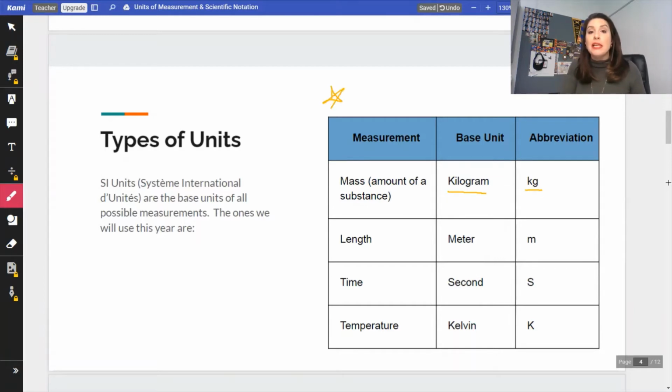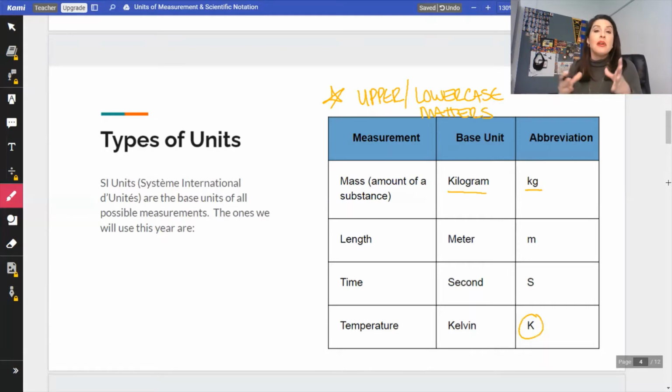Be careful, because upper and lowercase mean two different things. They matter. So a little k stands for the prefix kilo, whereas a big K, like down here, stands for an entirely different form of measurement, measuring temperature in units of Kelvin.